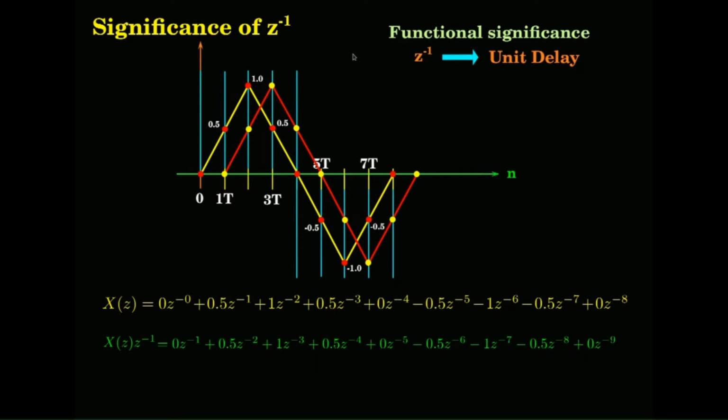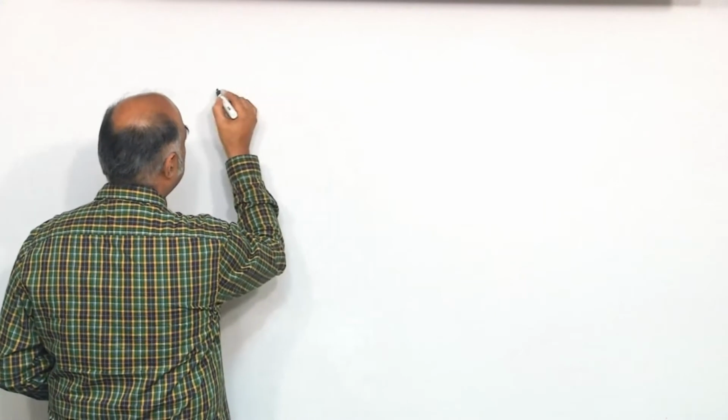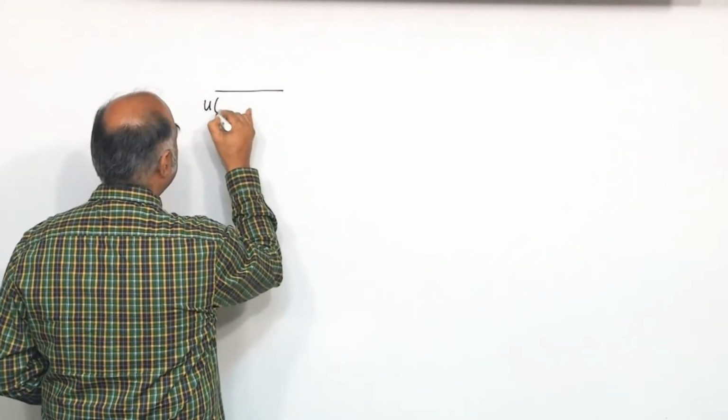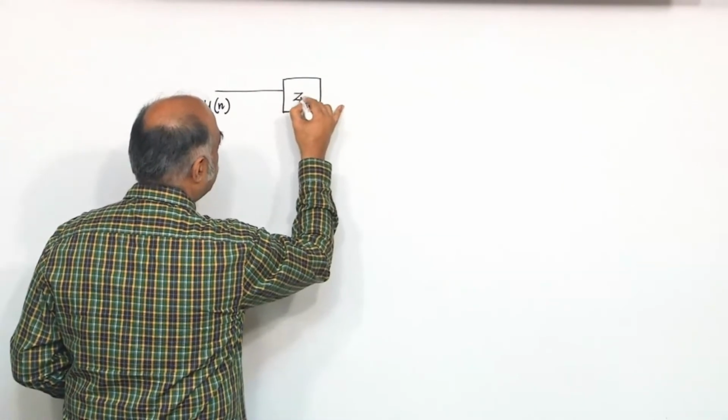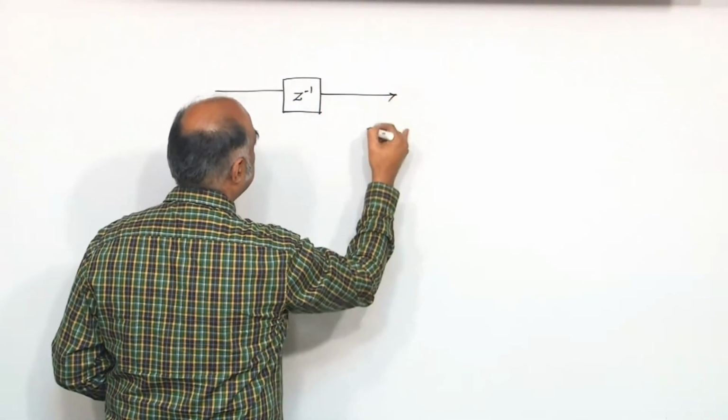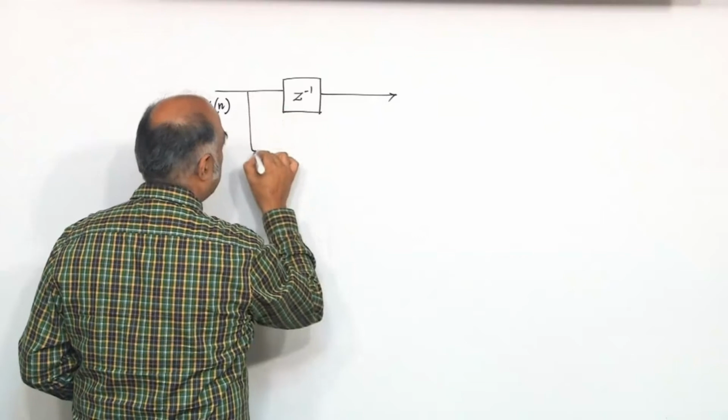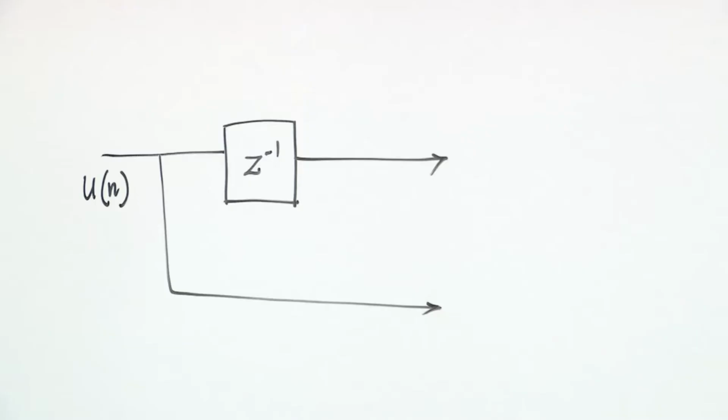What does it mean physically? Physically it would mean, so I have a signal u(n). It goes through one block, and you have this.